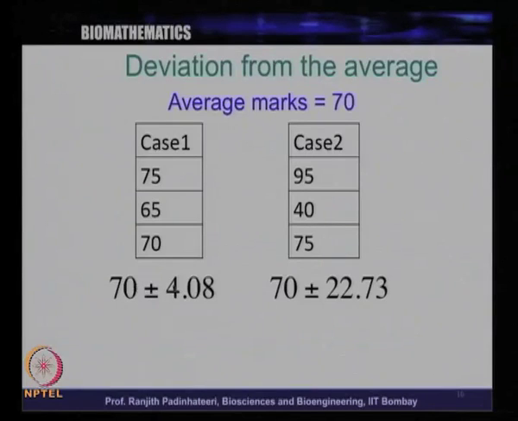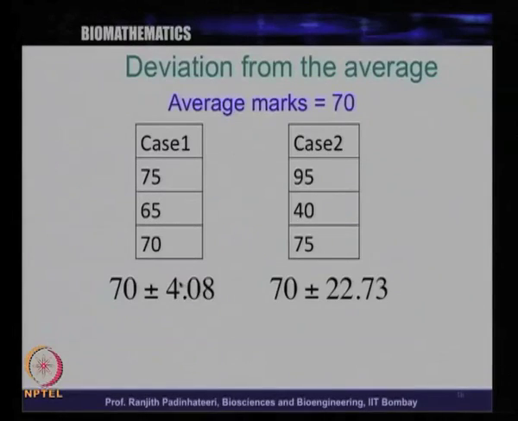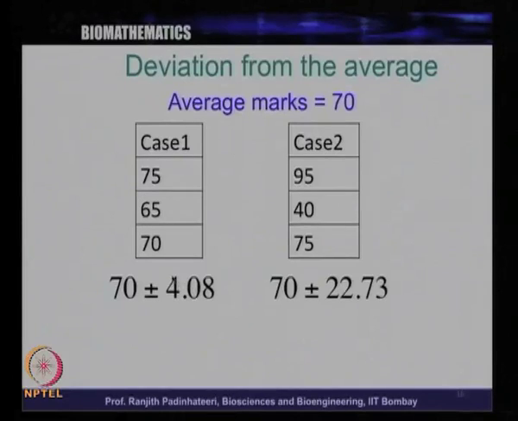So 70 plus 4 is 74 plus something, and the extreme value is 75. Here the extreme value is 65 minus 4 something. So these extreme values are not very different from what you get once you take the plus or minus values.